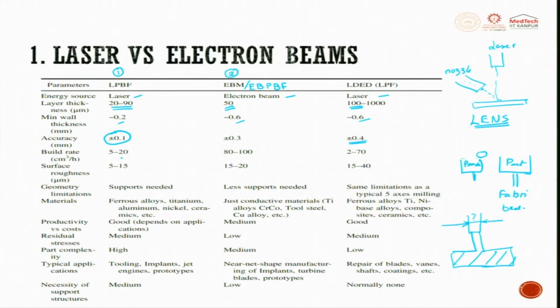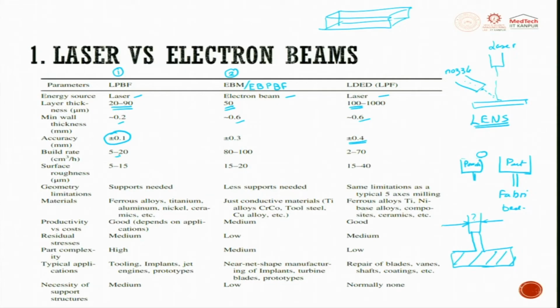But generally what happens, this centimeter cube, we never build a solid object like this. We will have so many other features coming in, right. We never build a solid object until and unless you want to do some mechanical property study. We always have multiple features in it. So, this build rate, whatever it is, might occupy a larger volume.